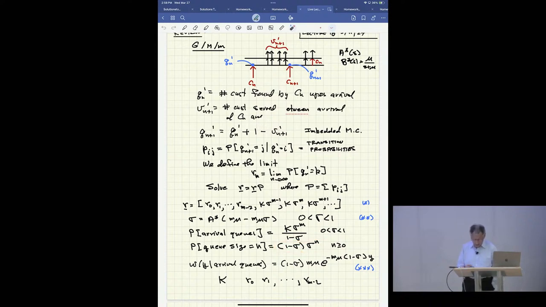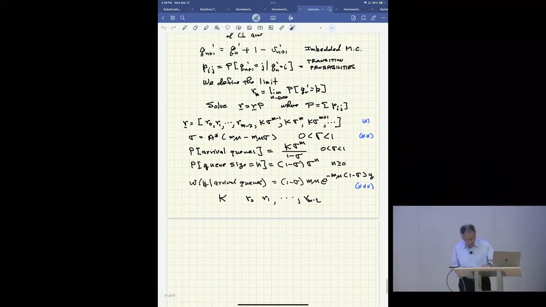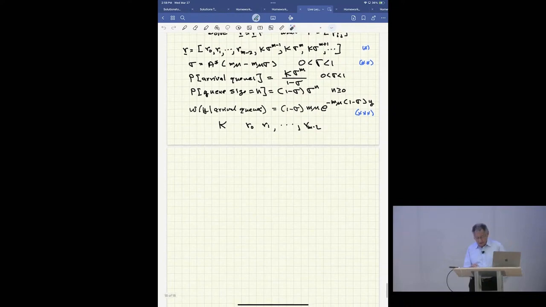So you find sigma simply through this equation, and you already know what the queue size will be once there is a queue. Furthermore, we showed that the density for waiting time, given that the arrival queues, is given exactly by this equation. Again, sigma is the only unknown. We can find that from this equation.